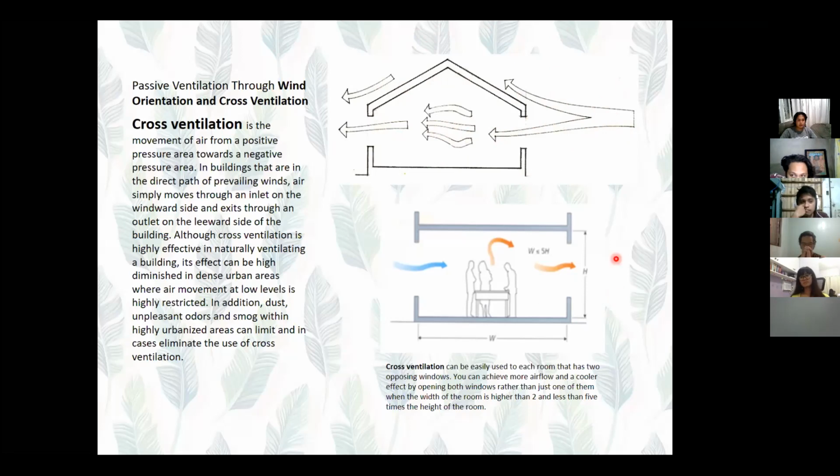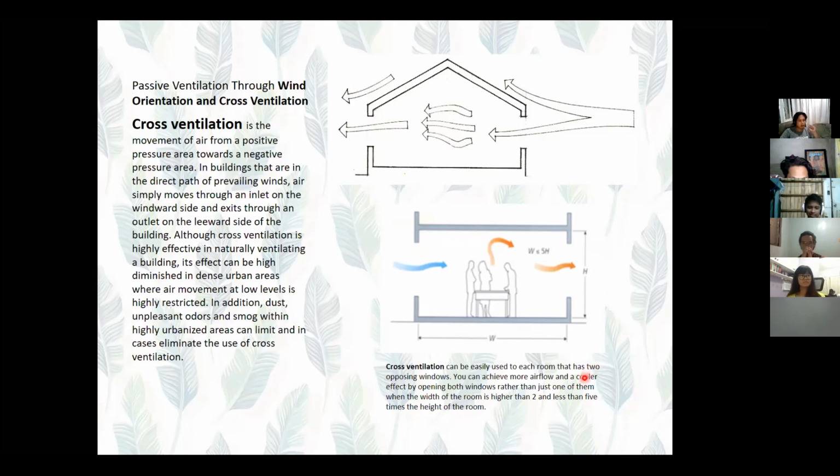Now, in a simple situation, for your cross ventilation to be effective, okay, kaya pinagawa ko kayo ng section is to check on this one. For it to be effective, dapat ang ratio ng width mo of your rooms, okay, na if may cross ventilation siya, should be less than 5 times the height.